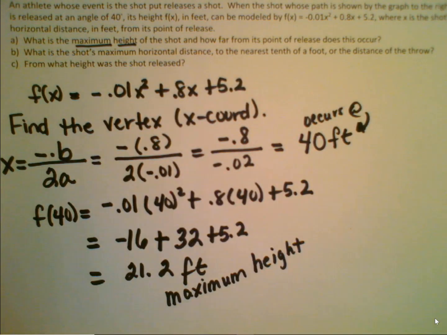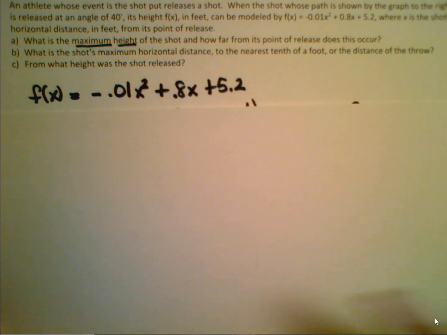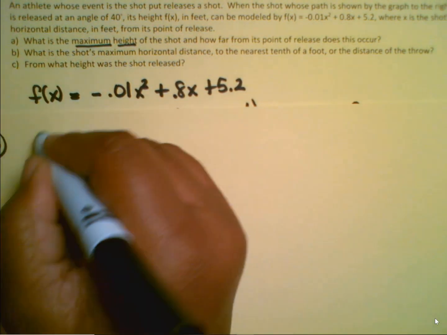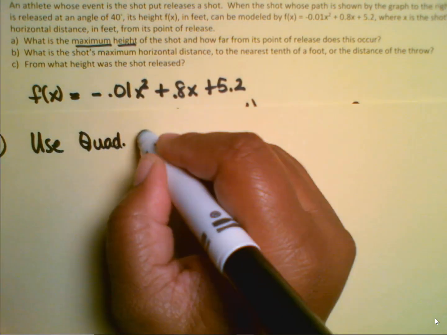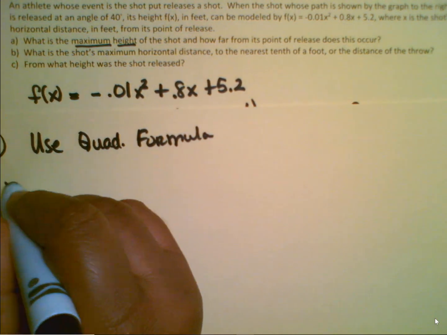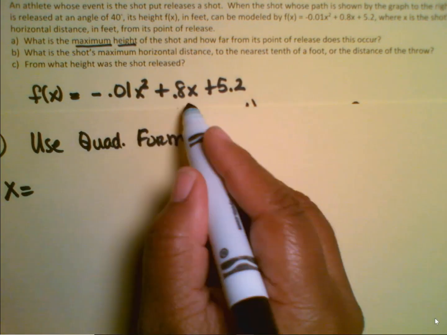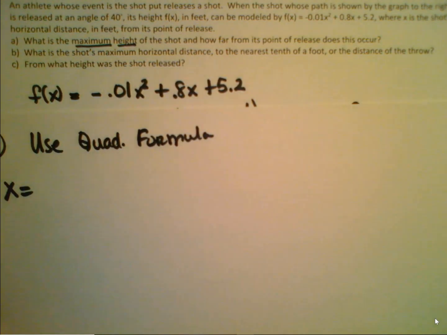So for part B, we're going to use the quadratic formula. So x is equal to, so we know what A is, B is, and C. So let's plug it into the formula, and you all know the formula by heart at this point.